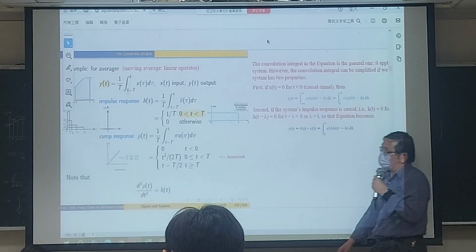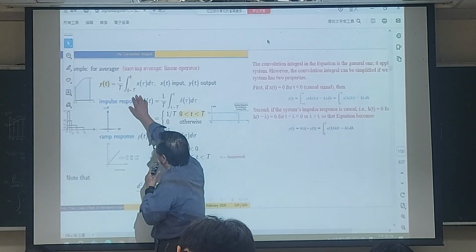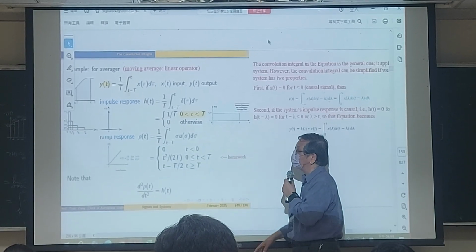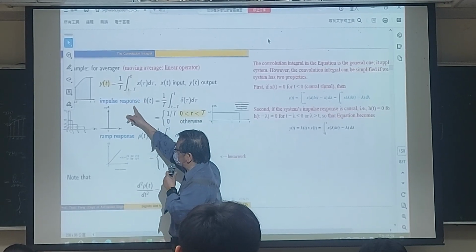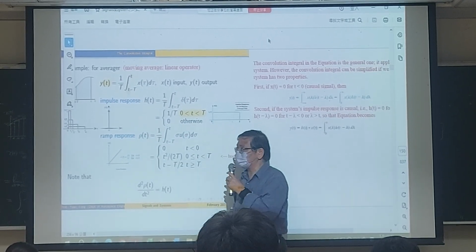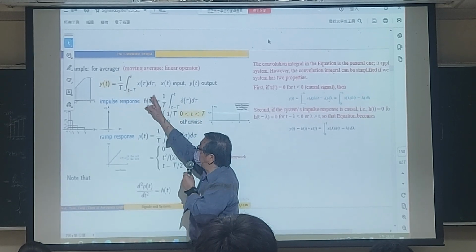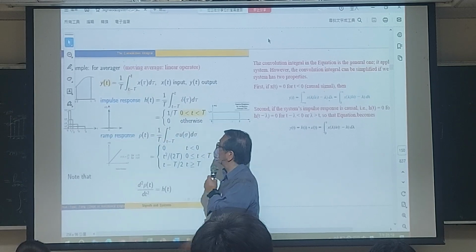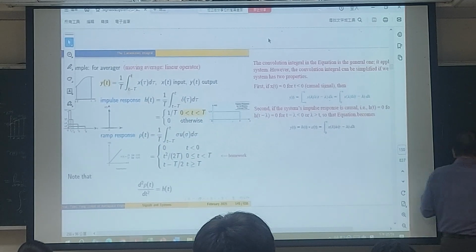For this example, suppose we have a very simple system, the moving average, which we considered last hour. For the moving average, the impulse response is determined by replacing the input signal with the delta function, the impulse function.